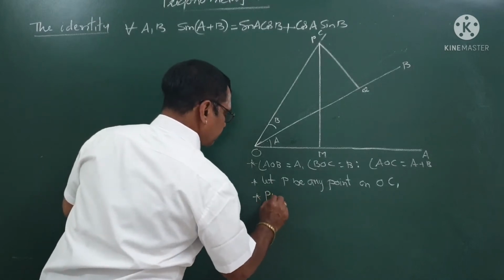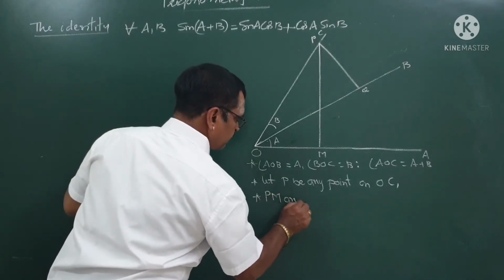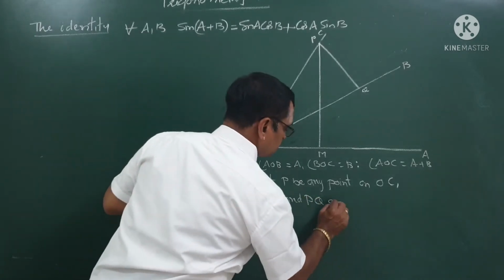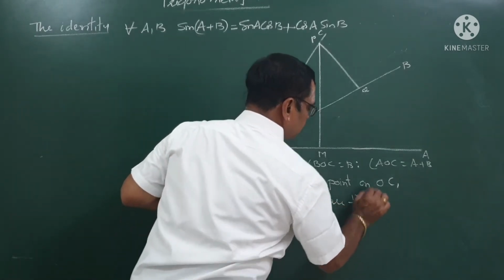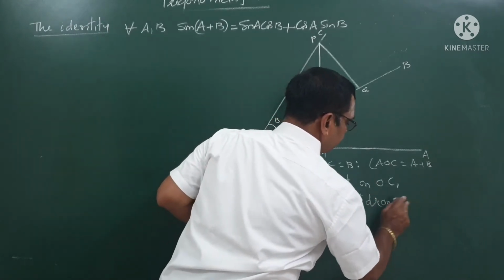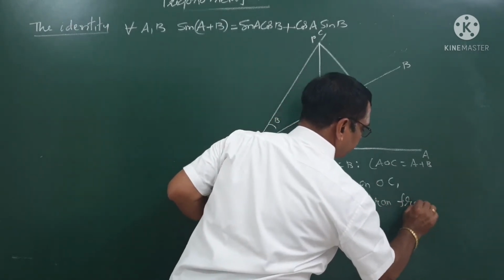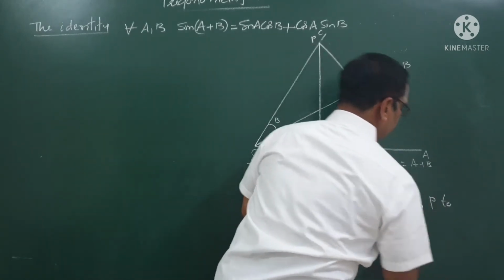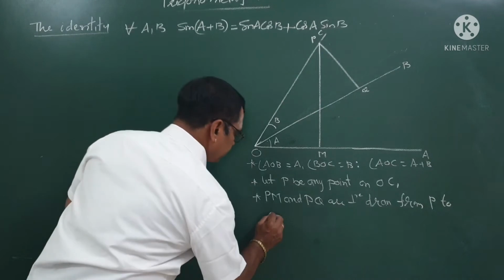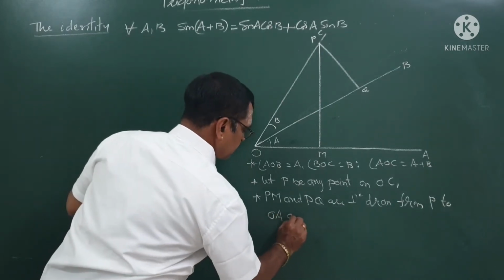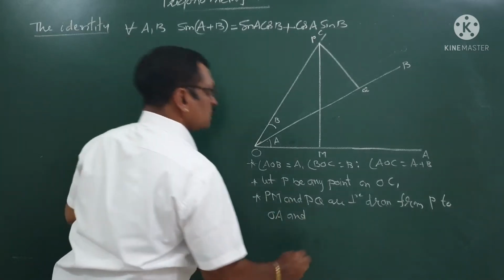PM and PQ are perpendiculars drawn from P to OA and OB.